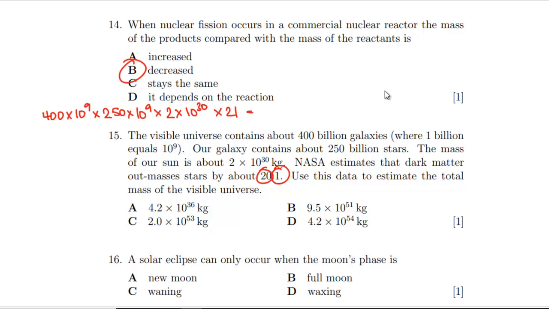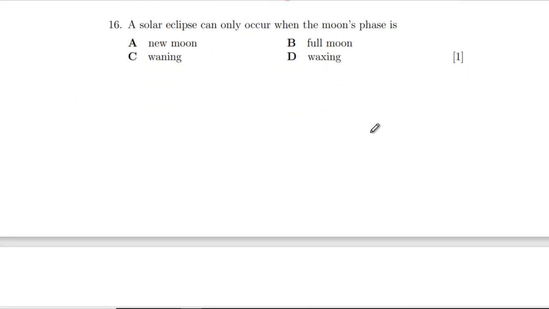So putting all of that together, so how many things have we got here? So that 4 times that 25 gives us 100. So 4.2 times 10 to the 54 kilograms is what we've got, which is D. Right, moving on. These are going very quickly.